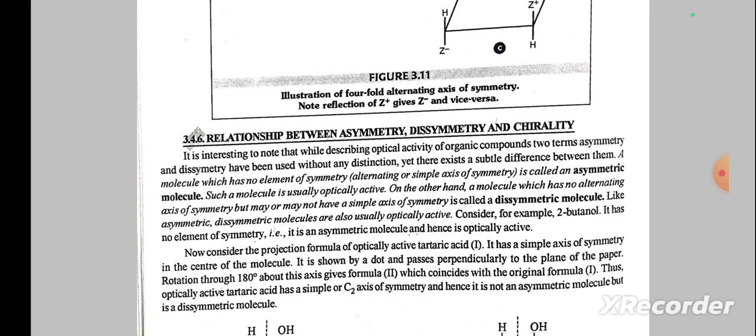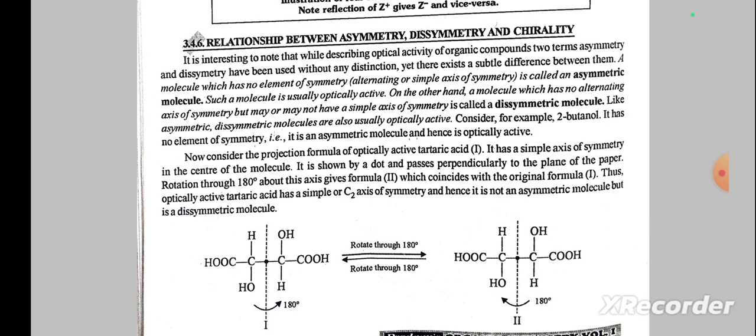Consider, for example, 2-butanol. It has no element of symmetry. It is an asymmetric molecule, hence it is optically active. Now, the projection formula of optically active tartaric acid has a simple axis of symmetry in the center of the molecule. It is shown by a dot and passes perpendicularly to the plane of the paper.